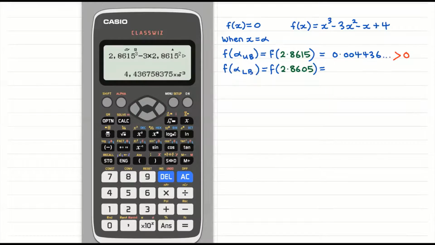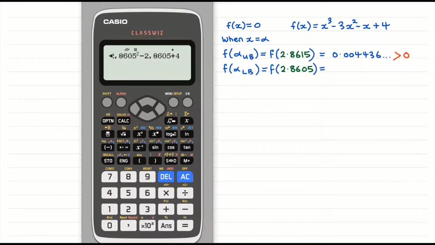The only thing I need to change is the 1 to a 0 in each of these, so it's 2.8605 across the board. It is a good idea to check everything's okay. So 2.8605 cubed, subtract 3 lots of 2.8605 squared, subtract 2.8605 plus 4.